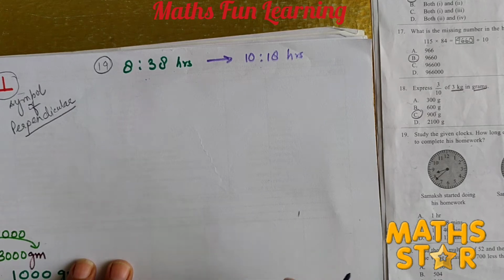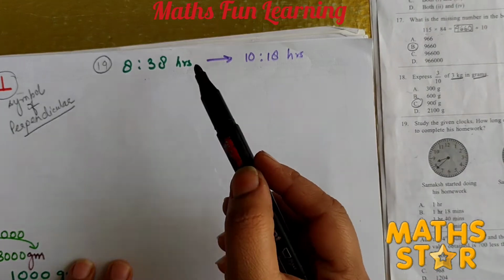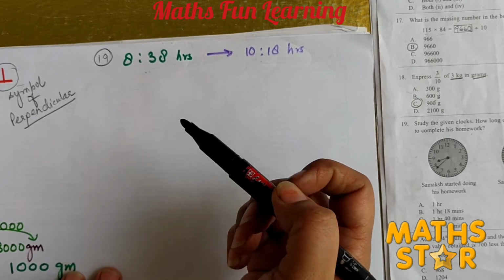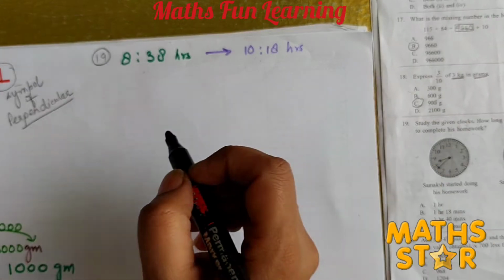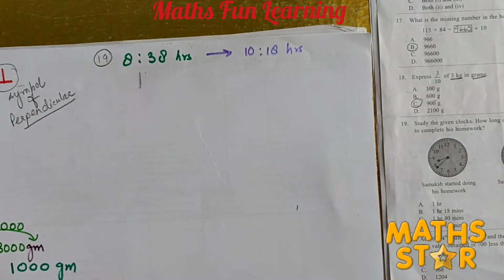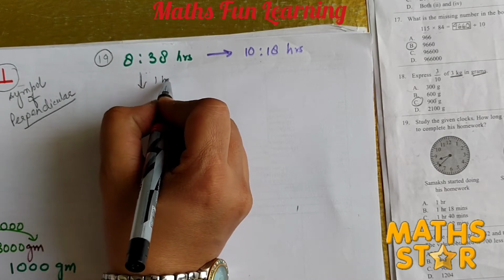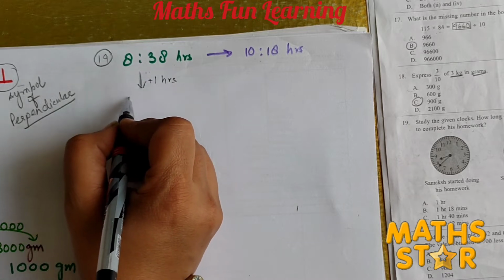Now you have to find out how many hours or how many minutes he studied. So kids, a very easy way is, just think about 1 hour. If you add 1 hour to the start time, what is the time?